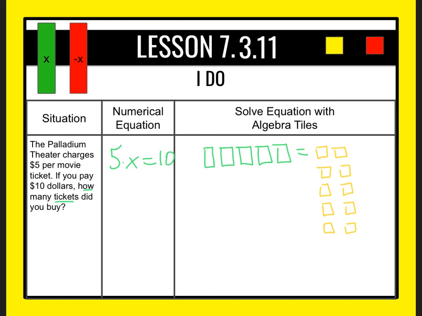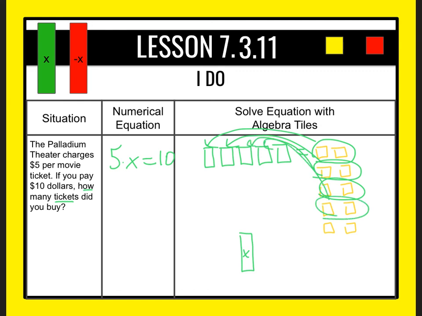So if I take my 10 tiles, I can then figure out what 1x is worth, right? How many tickets did I actually buy? So therefore, if we disperse this evenly, I take my 10 and I divide it by 5x, that's going to give me what 1x is worth. And I can see that each x is worth 2 tickets.